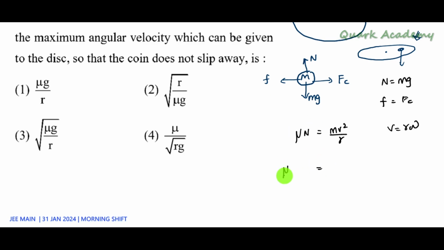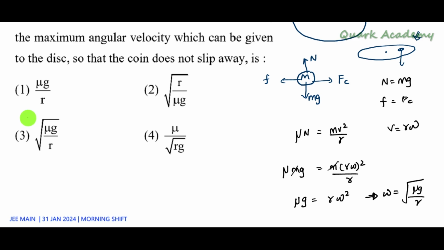Let's substitute the normal force mg, and this is m r omega squared by r. So m will get cancelled. Mu g equals r omega squared. From this, omega equals root of mu g by r. Third one is the correct answer.